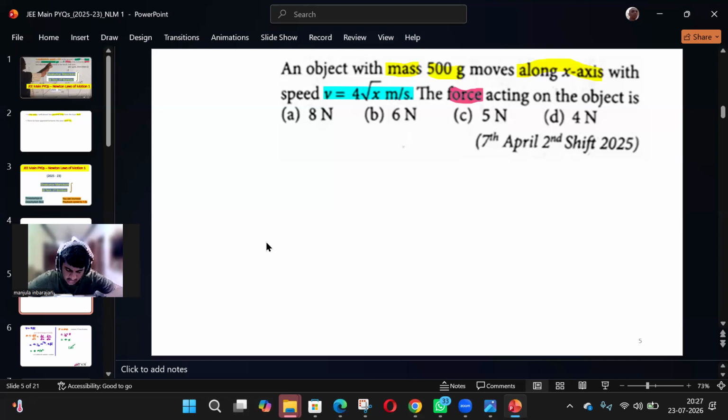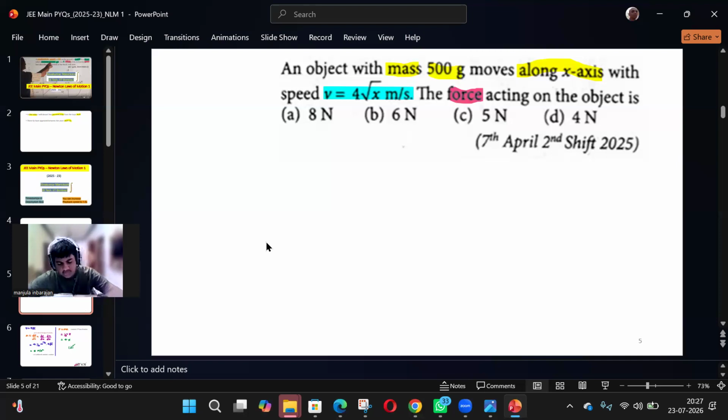dv by dt we have to do, I think. Delta v by delta t equals a, equal to d by dt of 4 root x. If we differentiate root x, doesn't it become 1 by x? See, you use the chain rule. dv by dt is the same as dv by dx into dx by dt.